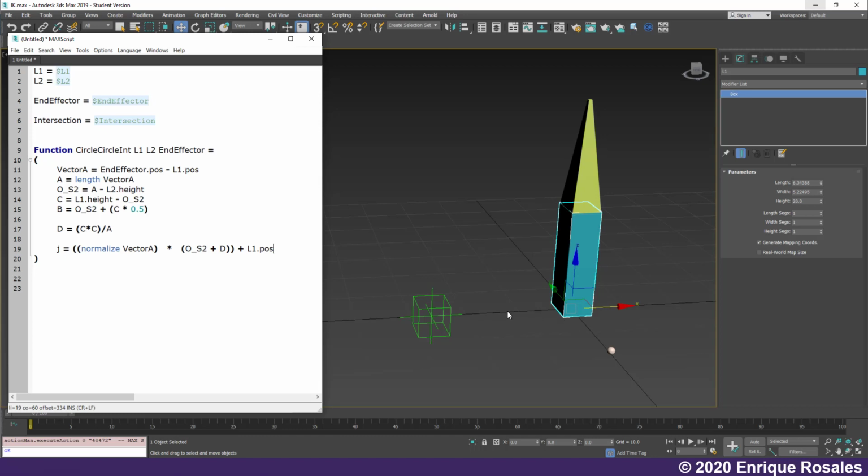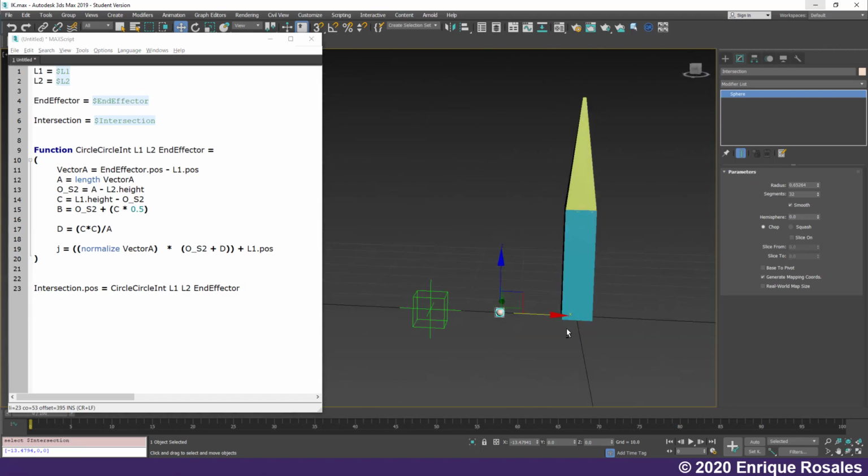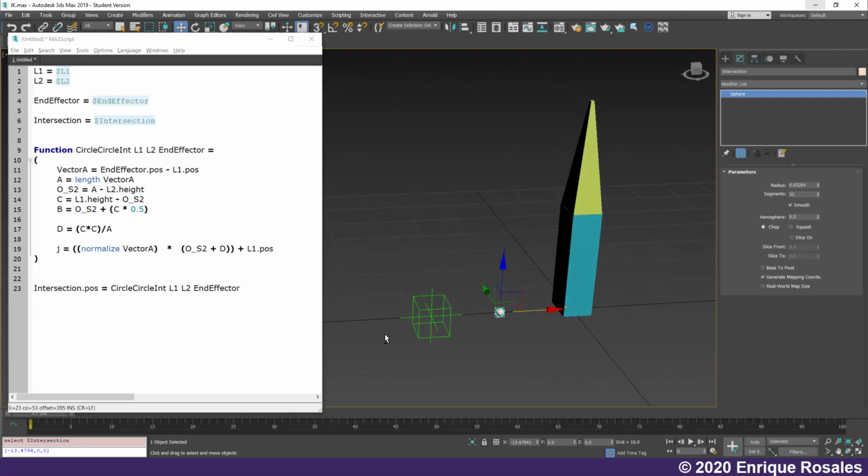This is just the point J, lowercase j, which is the projection of the intersection onto this vector. But I can test it. So this object right here, the intersection dot pos, will be equal to the circle-circle intersection with L1, L2, and then the vector. So let's check, and this is the position, which actually kind of makes sense, right?